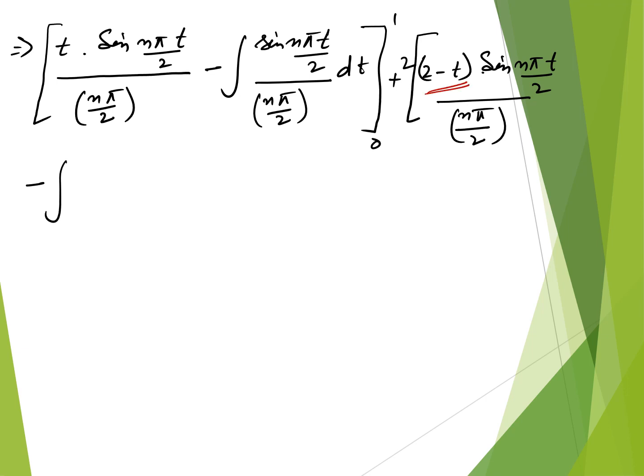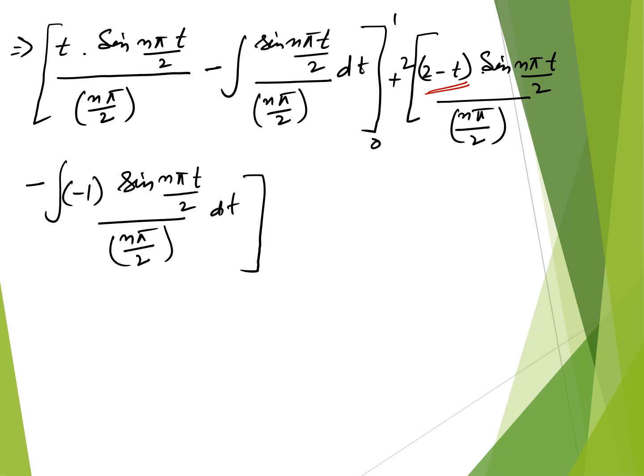We get minus 1 sine n pi t upon 2 upon n pi by 2 dt, and the limit for the second portion is from 1 to 2.